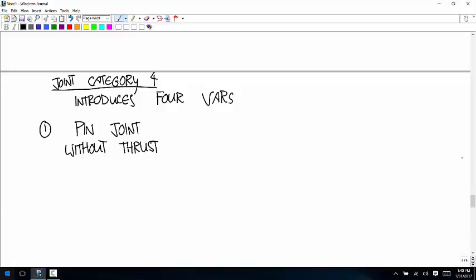So let's think about what degrees of freedom are restricted by this. It can translate this way, so there's no force there, but I can't pull out with this hand, and I can't do it up and down. Okay, so there are 2 force components applied to the piece I'm holding by the joint.